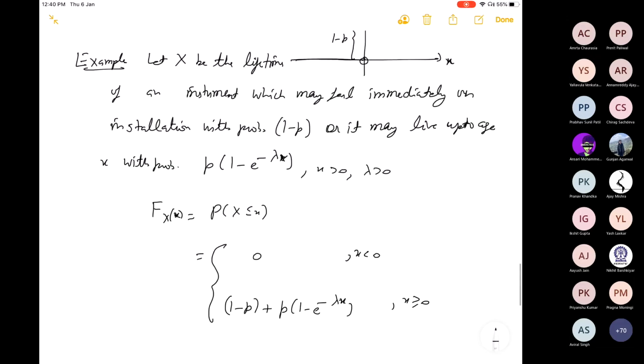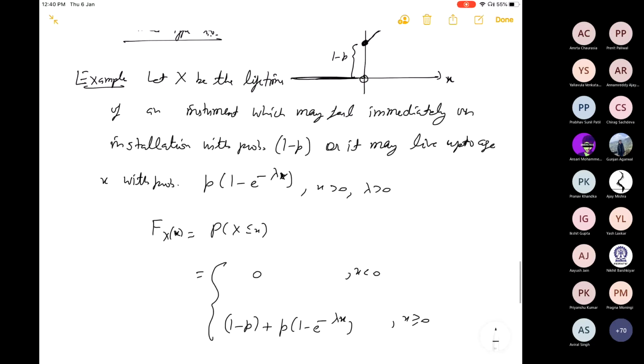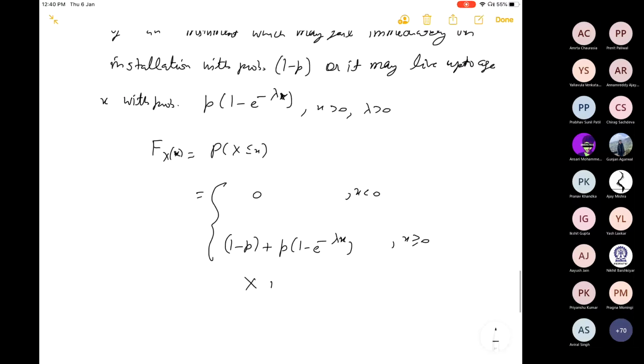So this is basically a mixture of a step function as well as a continuous one. Therefore, this is a mixed type random variable. X is the random variable here.